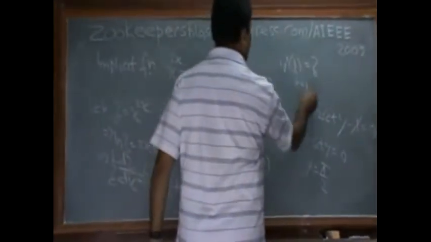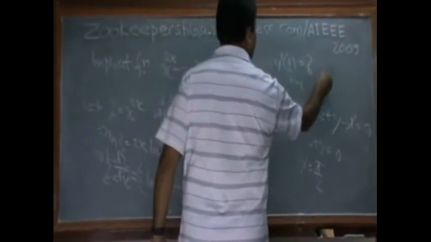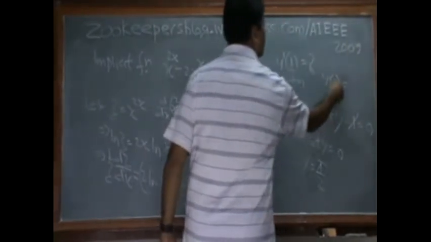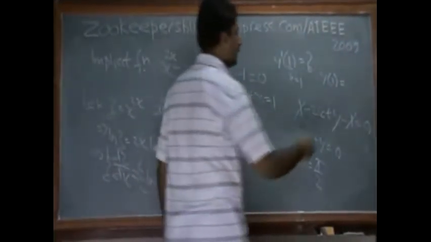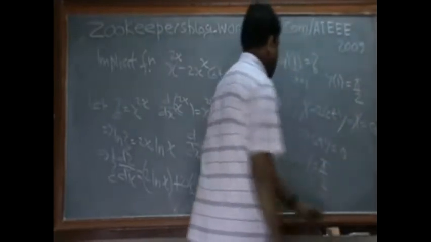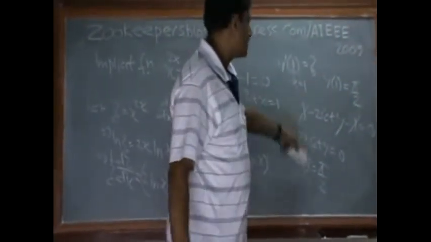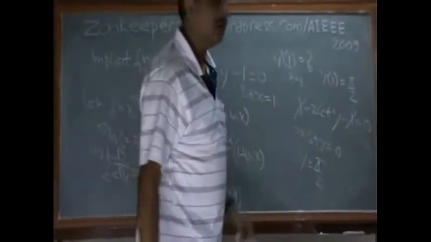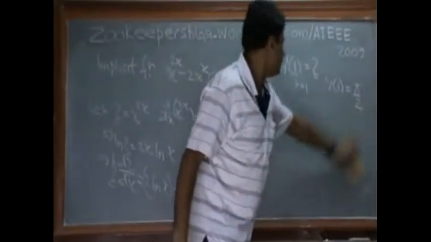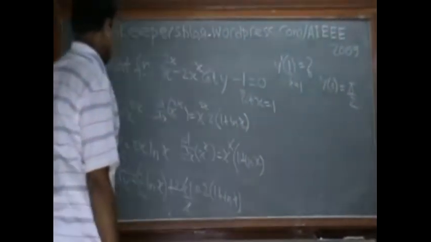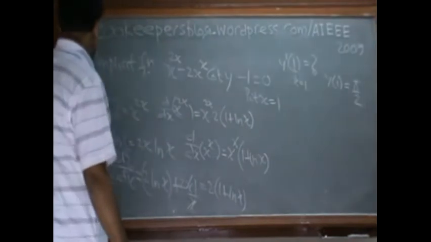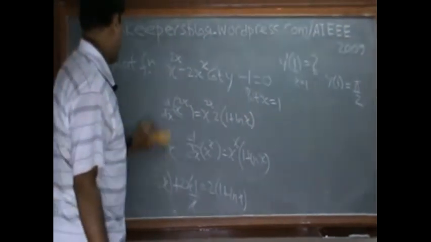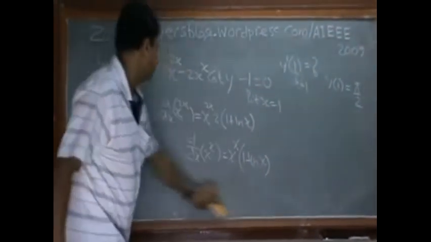That means x equal to 1 gives y at x equal to 1 as pi by 2. So we just calculate the value of y at 1. We only need these two results to see the order.